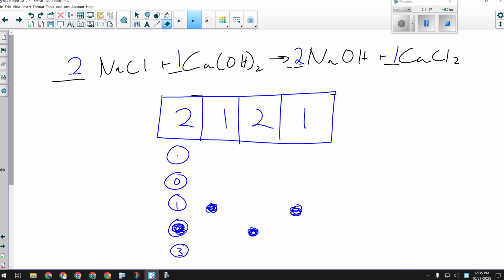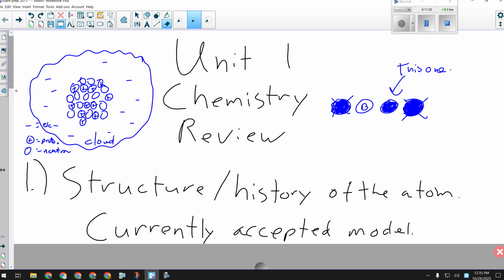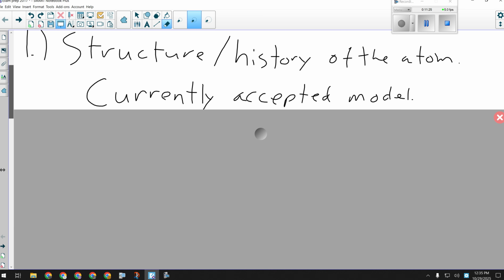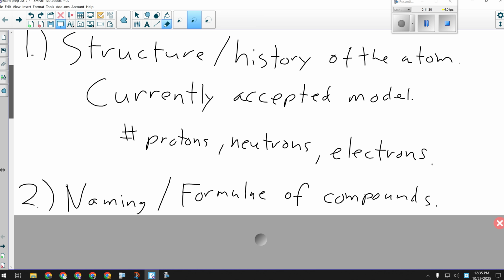All right, let's go back to the beginning here. Okay, so number of protons, so this all goes. Okay, next concept, naming and writing the formulas for chemical compounds, molecular compounds and ionic compounds. Quick review.